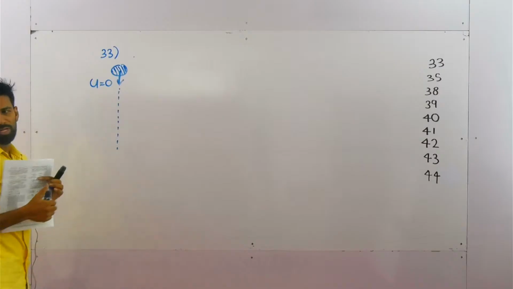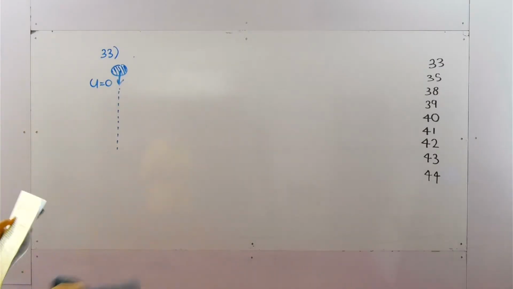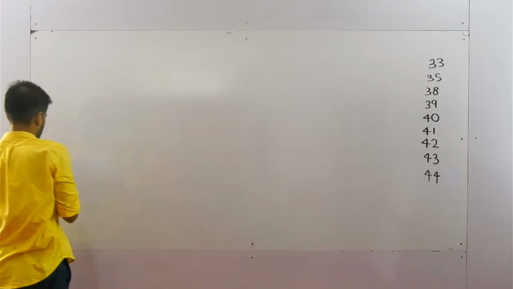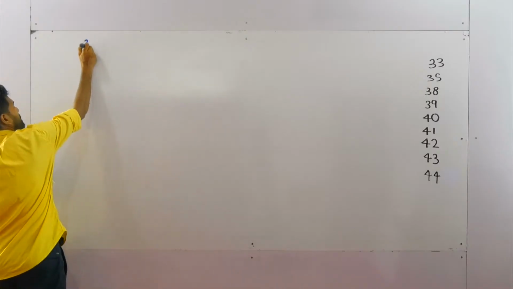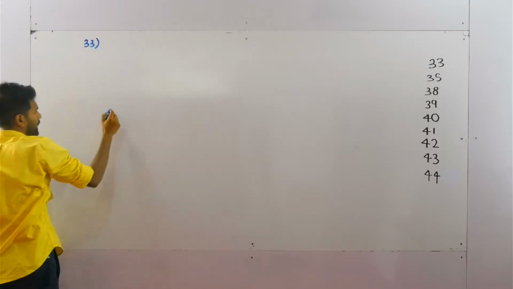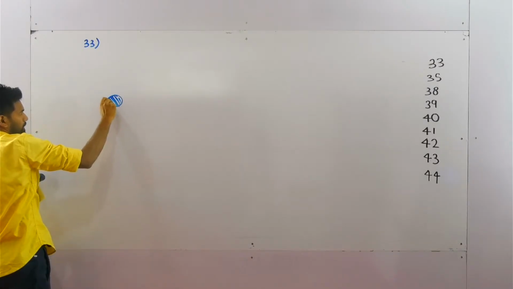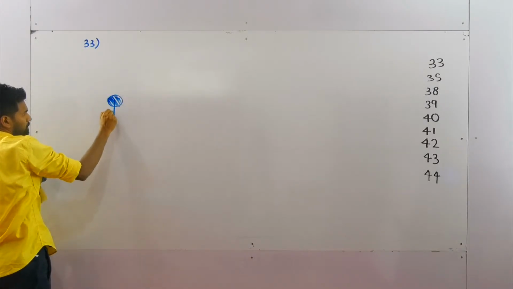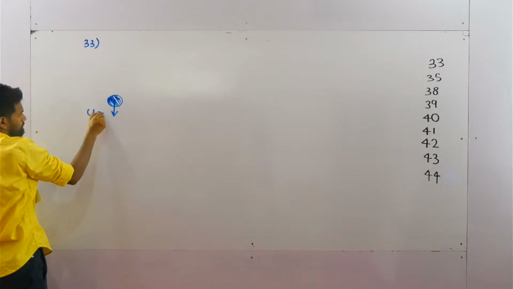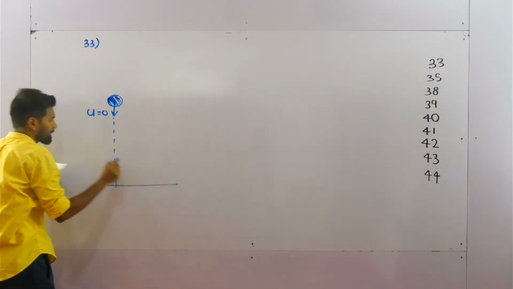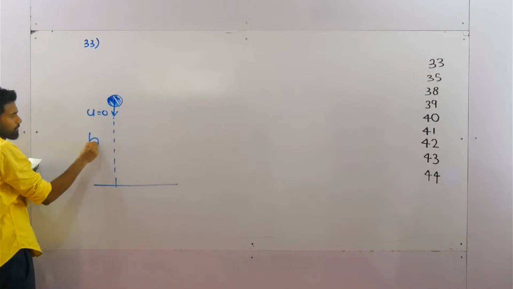This stone is dropped from a height h with a 0 initial velocity value. This height is h.